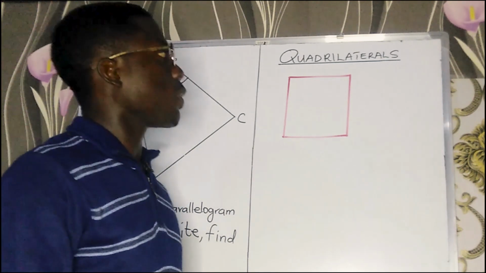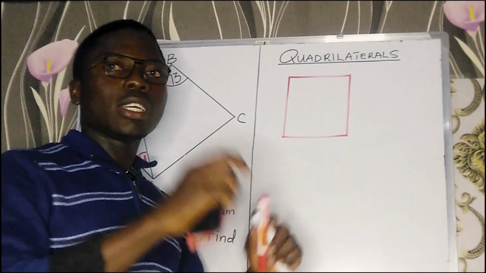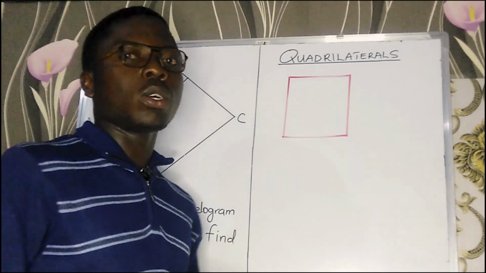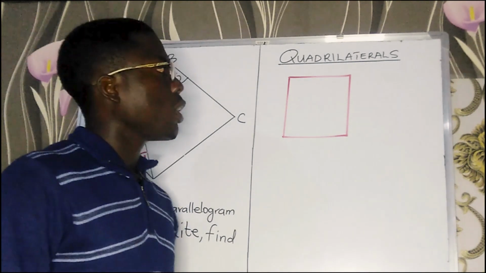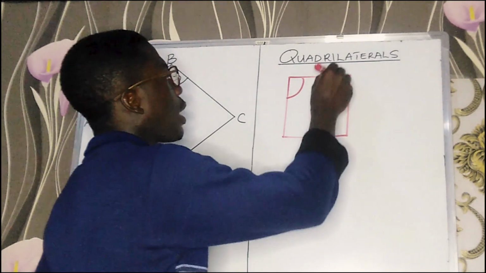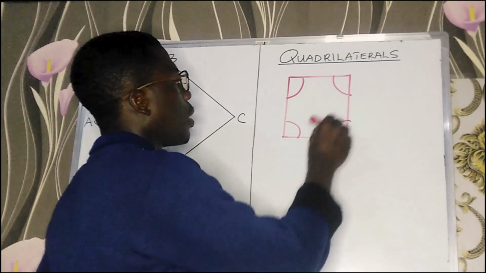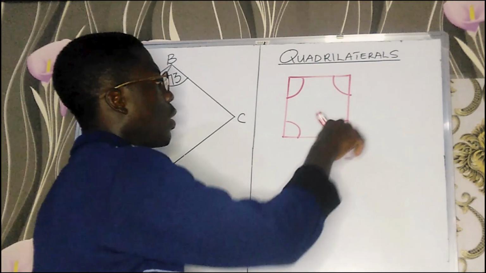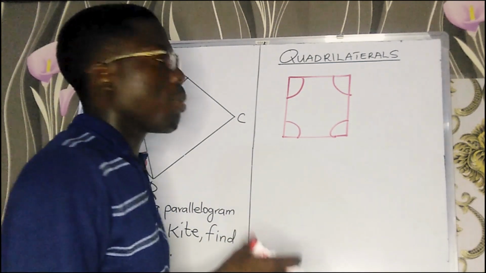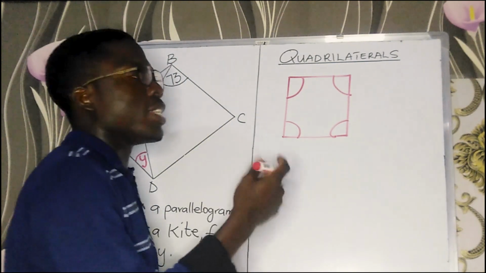So we have this as a quadrilateral. Good. And we have a general property that runs through all types of quadrilateral, which is that the interior angles of all quadrilaterals sum up to 360.